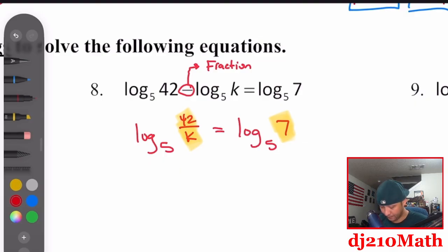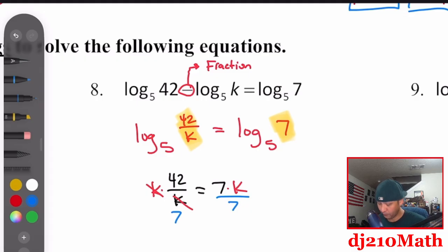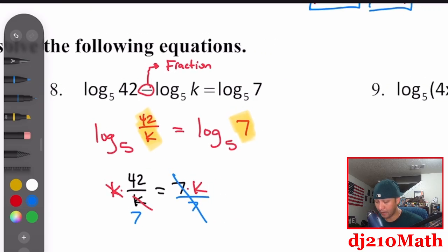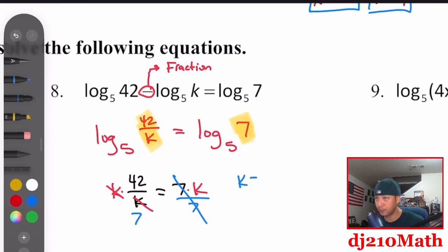So here we have 42 over k is equal to 7. All right, solve for k. Multiply both sides times k. Cancel, cancel. Divide both sides by 7. 42 divided by 7 is going to be 6. So k is equal to 6.